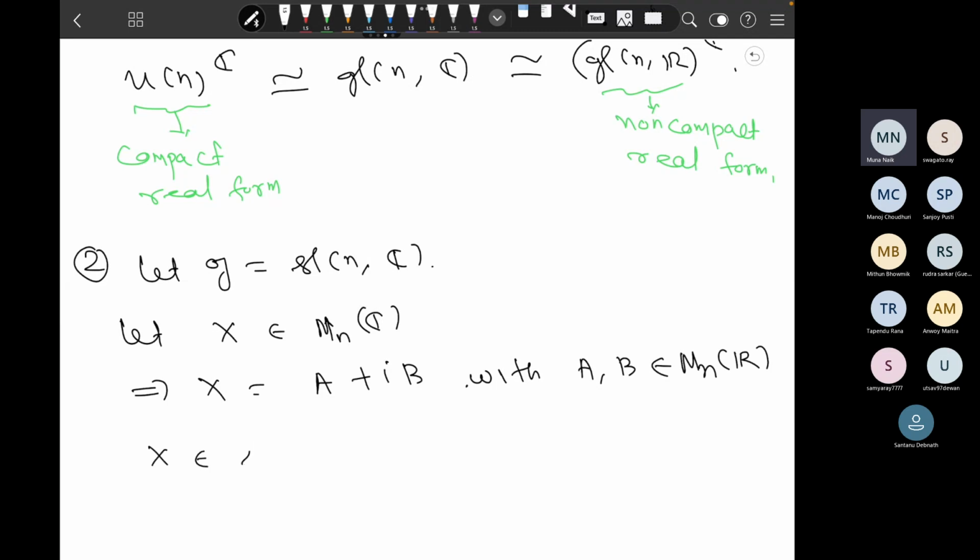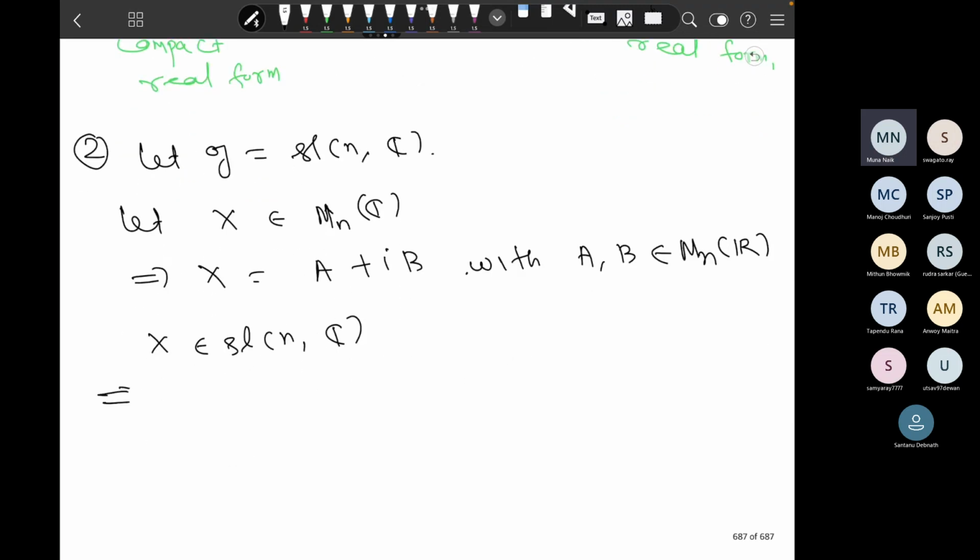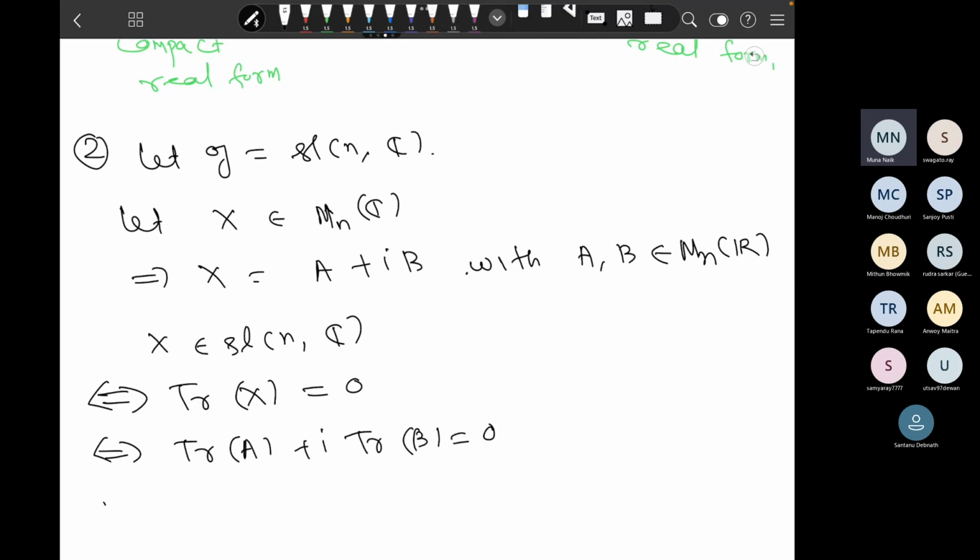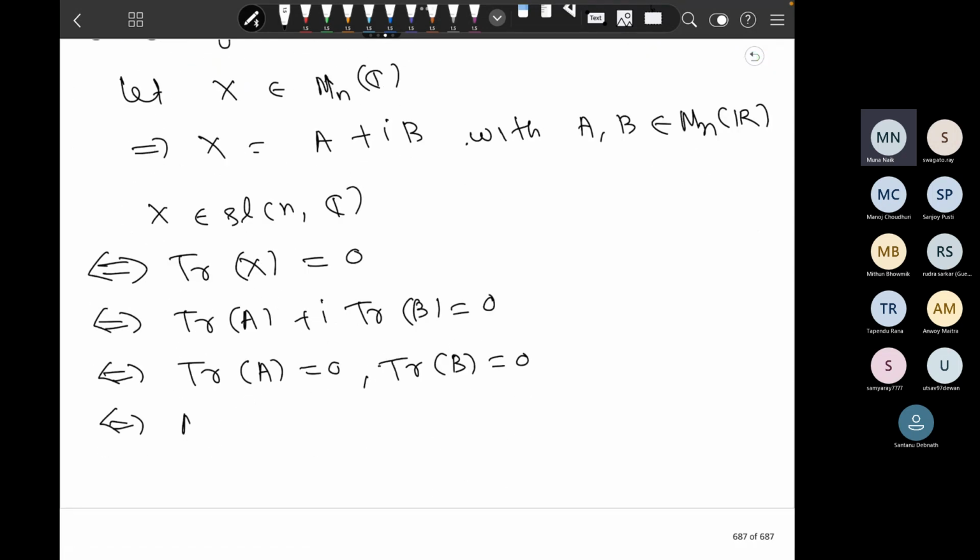So X belongs to SLNC if and only if trace of X is equal to 0, and this is equivalent to trace of A plus i times trace of B equal to 0, and this is equivalent to trace of A equal to 0 and trace of B equal to 0. That means both A belongs to SLNR and B belongs to SLNR.